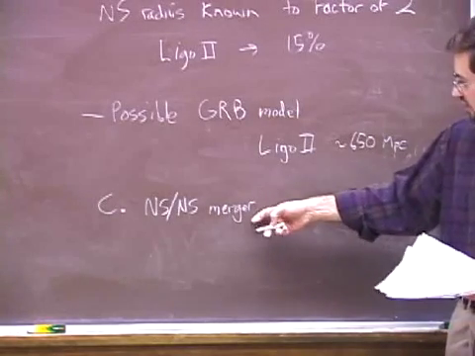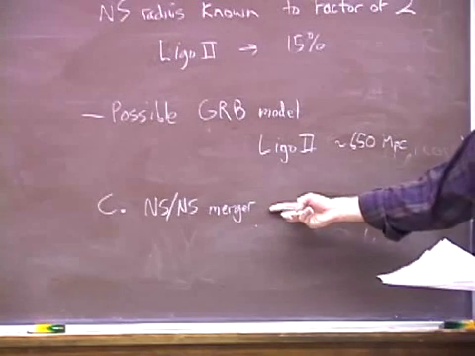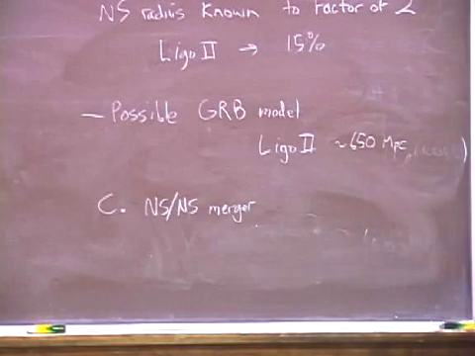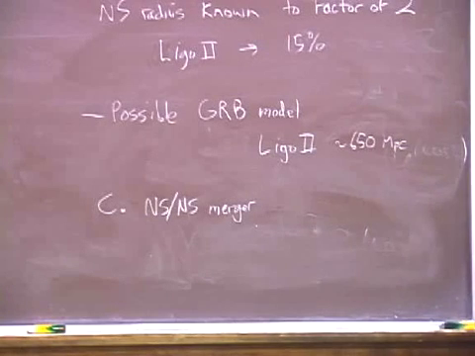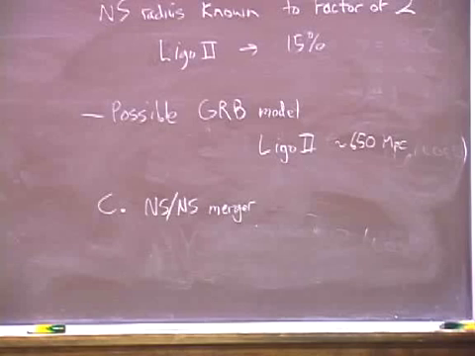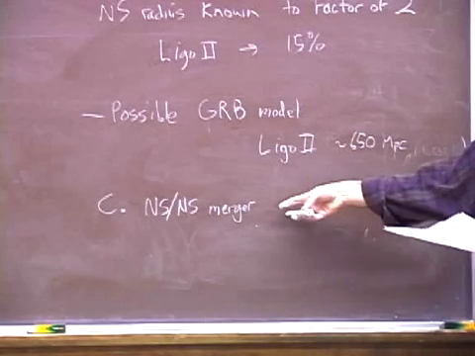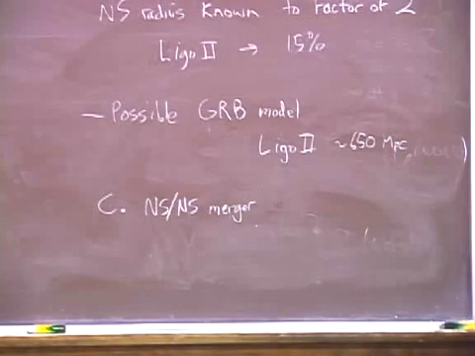But in any case, this system is interesting for some of the same reasons as the neutron star tidal disruption: neutron star binaries are also candidates for gamma ray burst mechanisms. They also allow you, if you could measure such a thing, to determine the equation of state, or the limits on the equation of state of nuclear matter.